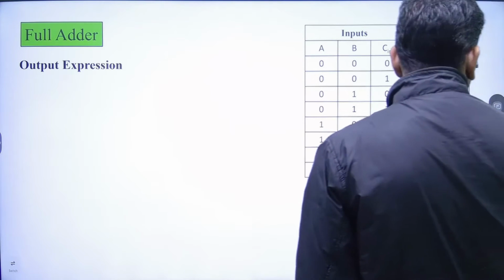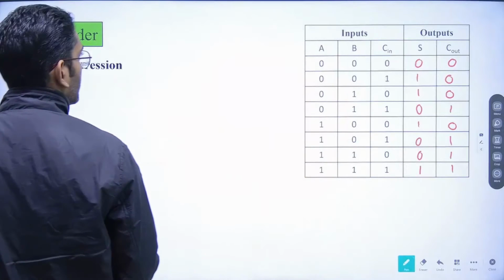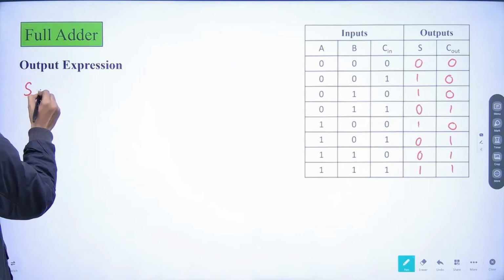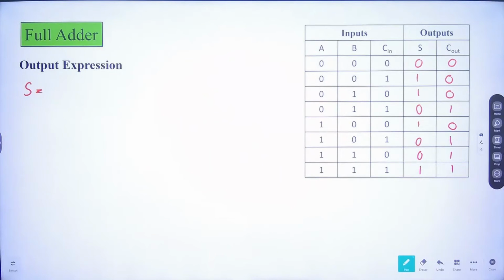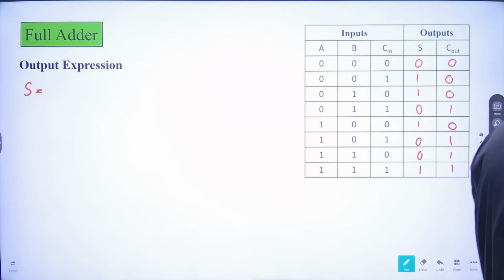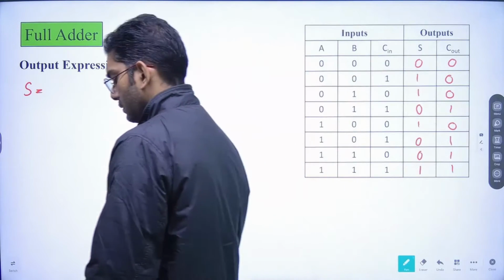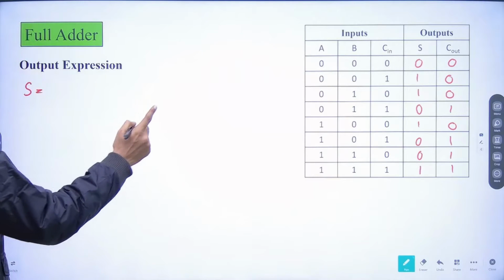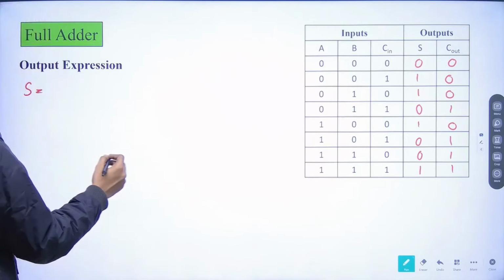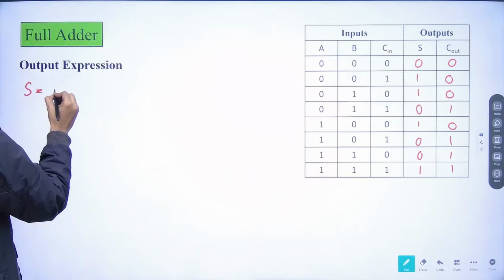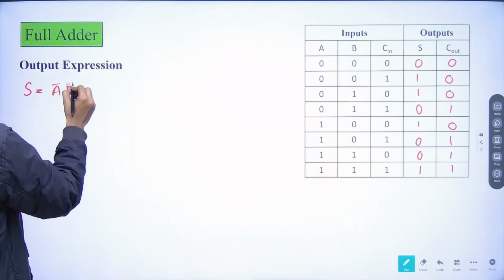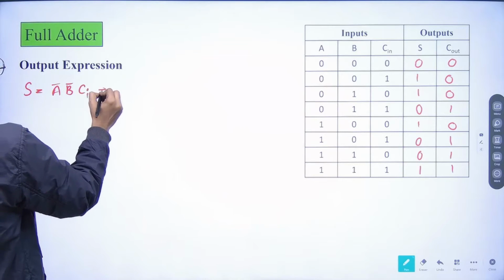So here we can write down the sum part. Sum would be S, and wherever 1s are present, we can write the terms. So we would take A bar, B bar, C in.